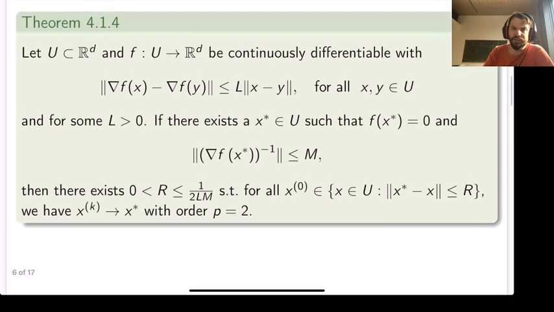Now, Newton's method does not prove existence of a solution. It just says if there is a solution, it converges to it.